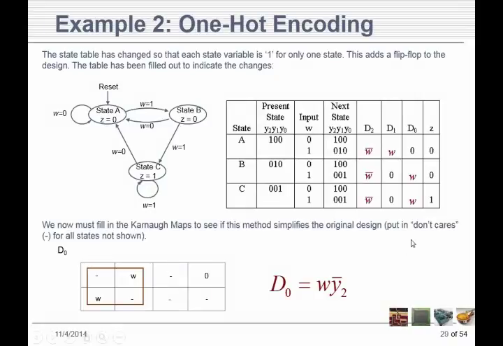Next one is D0. For state 4, I've got a 0. States 5, 6, and 7, I don't care. And for state 1 and 2, I've got a W, and these 2 we don't care about. So this Y2 not, this would be as if these 2 columns were A, these 2 columns would have been A not.